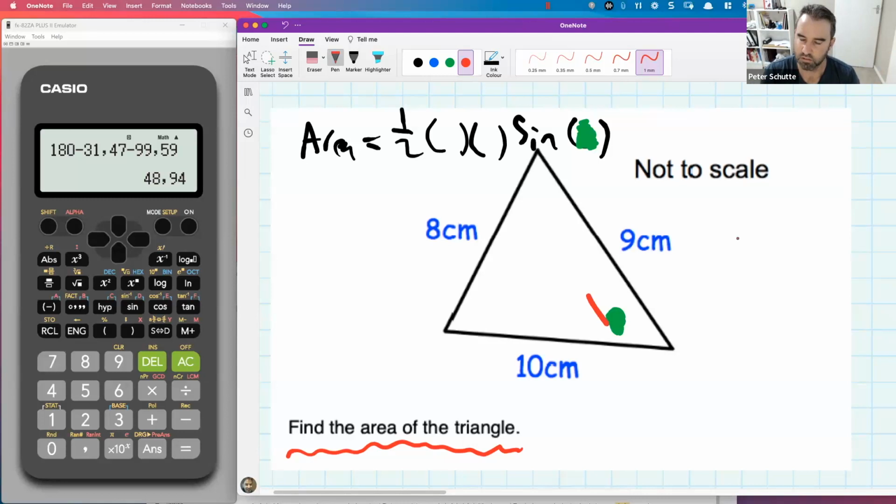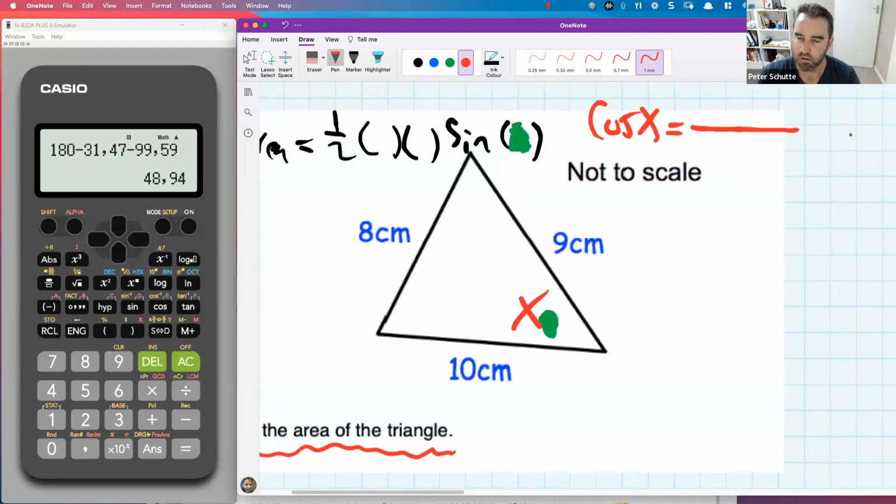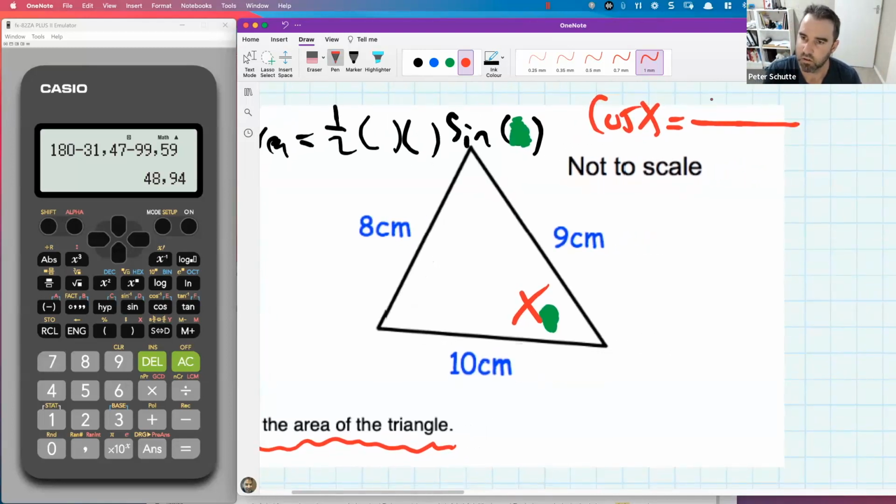So I'll call this x for lack of a better word. The cos of x equals something. And now I wanted that one, so that's going to be 8. And then this is going to be 9, 10.